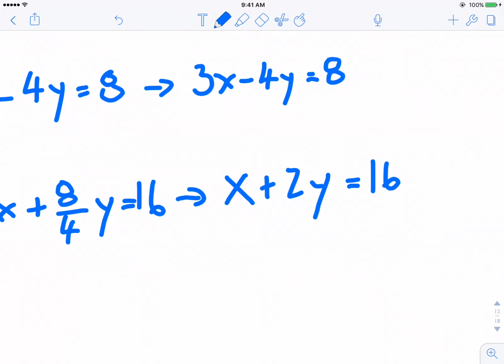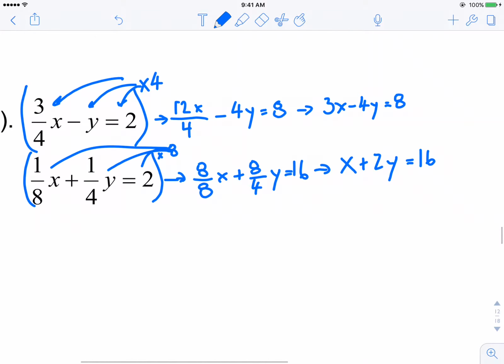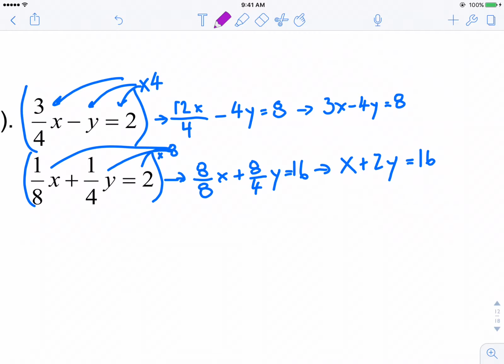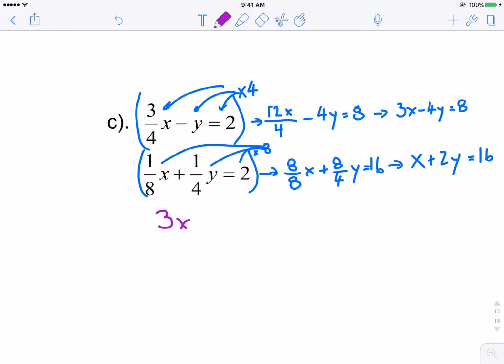So there's my two equations, and I take those two equations and I manipulate those around so that I eliminate one term. So I'll carry that on down over here. So I ended up with 3x minus 4y equals 8. And I ended up with x plus 2y equals 16.